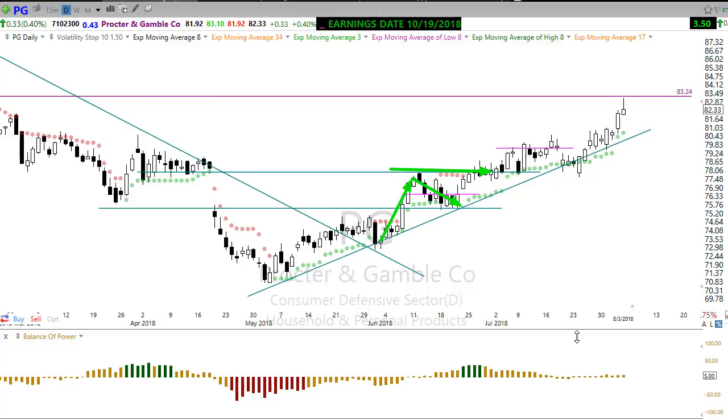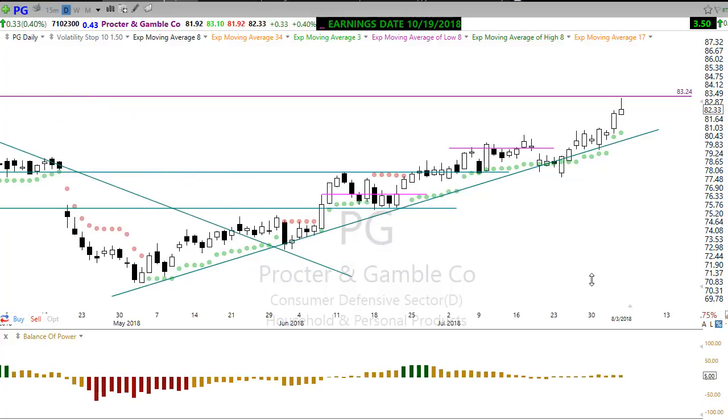Now what I want to point out in this trade, you say, well, why would you take that below the volatility stop? I want you to recognize the fact that my stop loss on this trade was right here. I had very little risk in the position.